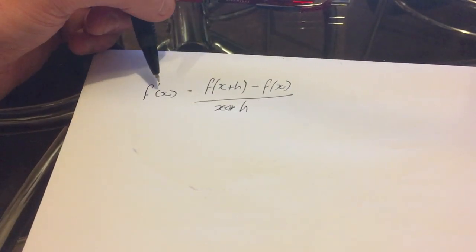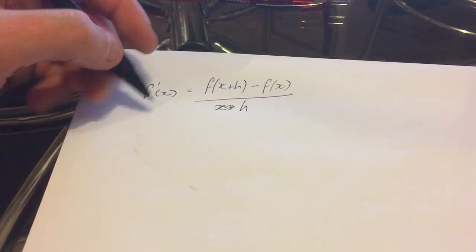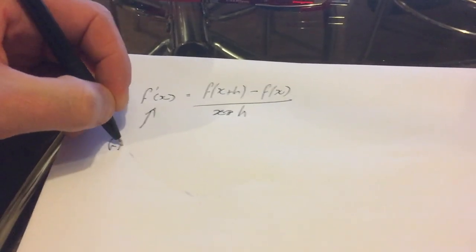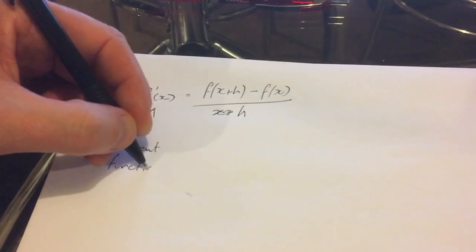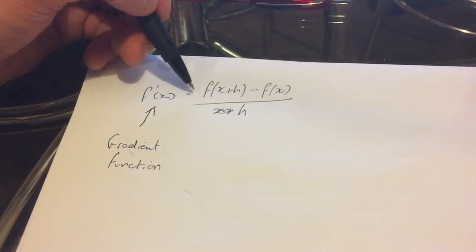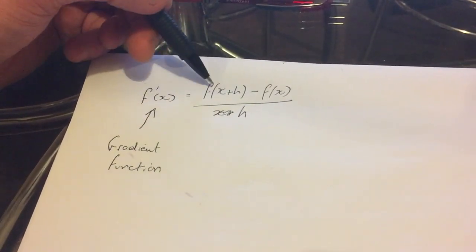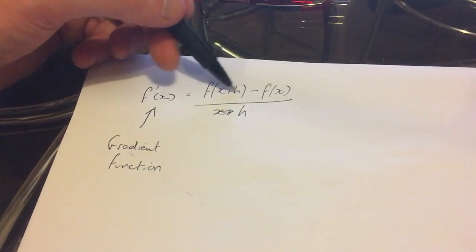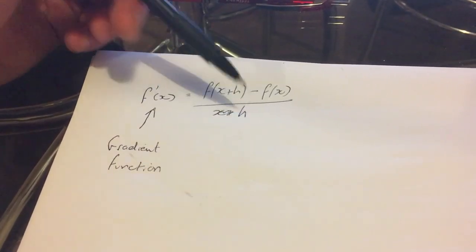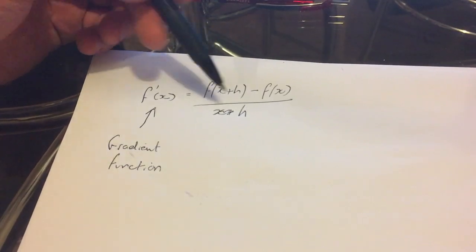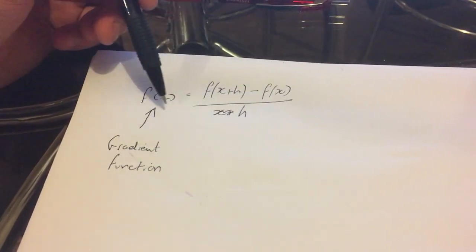So generally we get this equation. So the gradient function is f of x plus h, so the function when x has got this tiny little distance in it, minus the original function divided by the tiny little distance we had in the first place. And that will give you the gradient of anything.